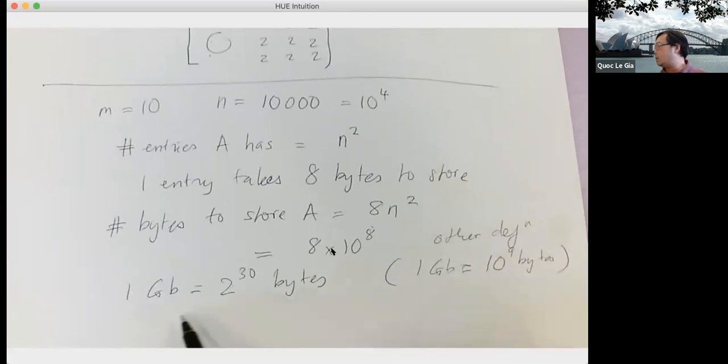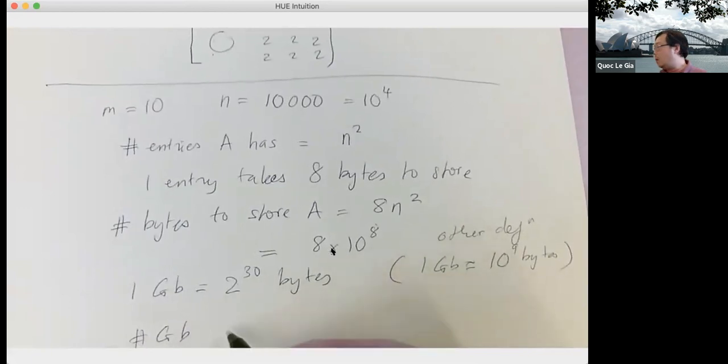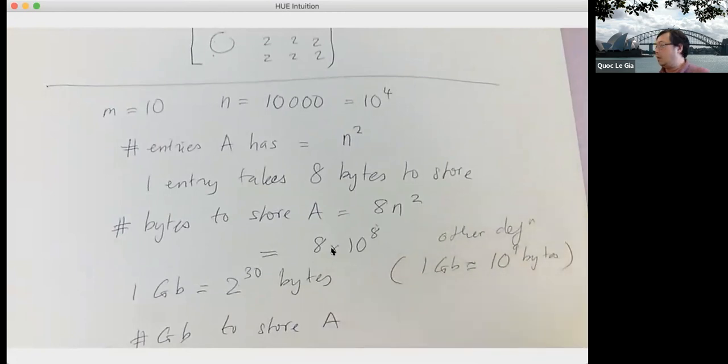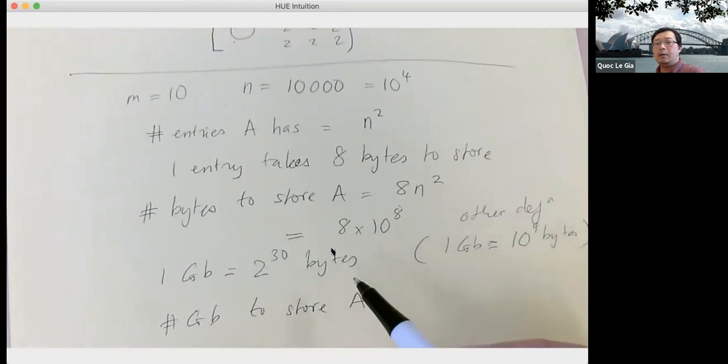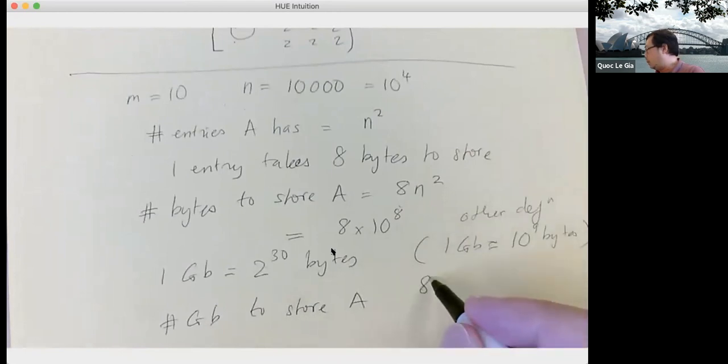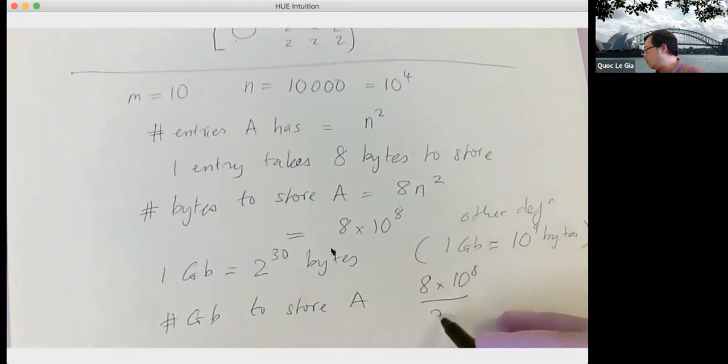If you use this definition, then the number of gigabytes to store A will be 8 times 10 to the 8 divided by 2 to the 30.